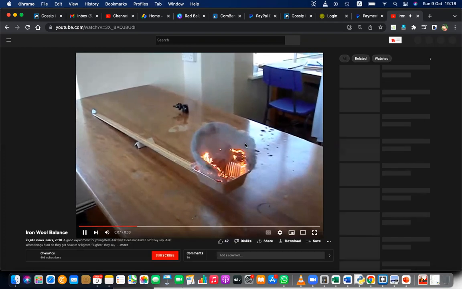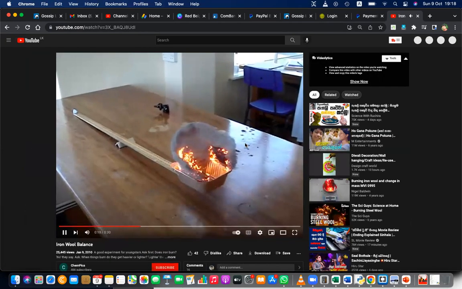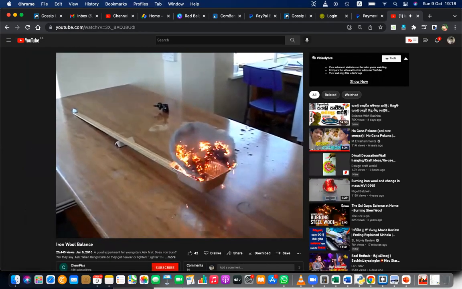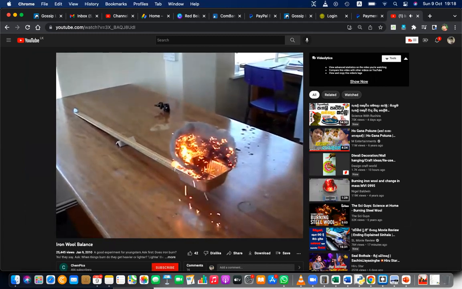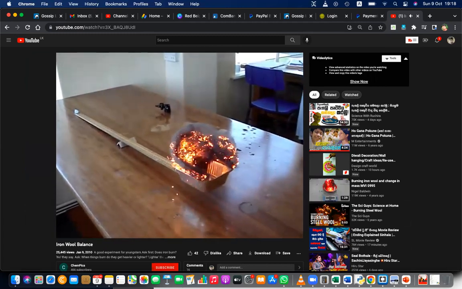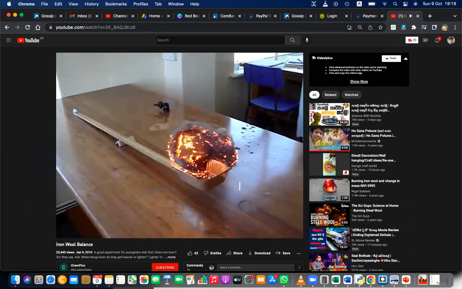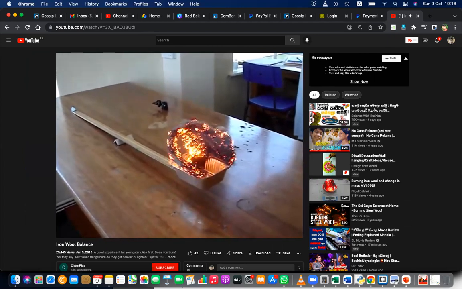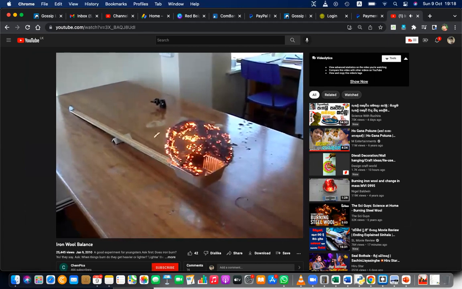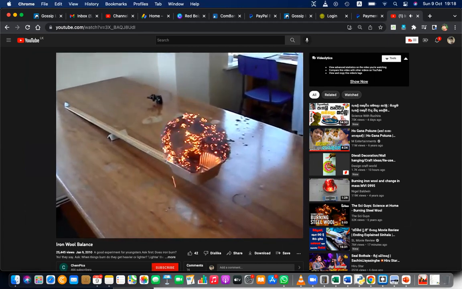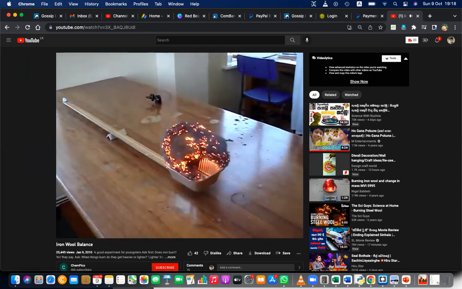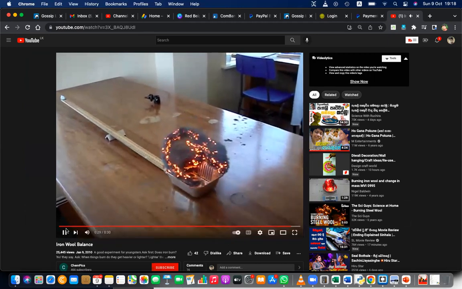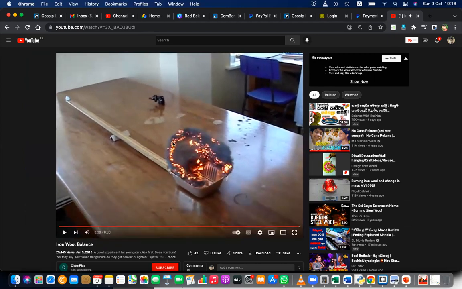When you see it burn, you can see what has happened. When burning the iron wool, that side has fallen down.